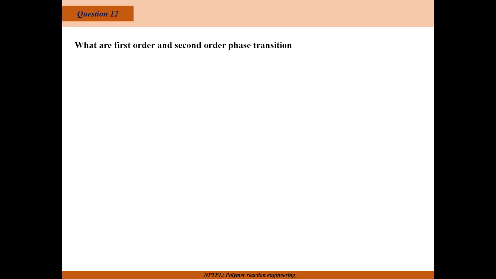So, what are first order and second order phase transitions? Phase transitions are discussed in a wide variety of areas, starting from physics to chemistry, material science, and magnetism. In thermodynamics, mostly everywhere, we can talk about phase transitions, where one form of a material, or one form of particles or anything, is getting changed to some other form, and it can be classified as first order and second order.